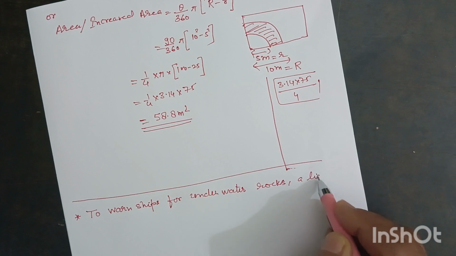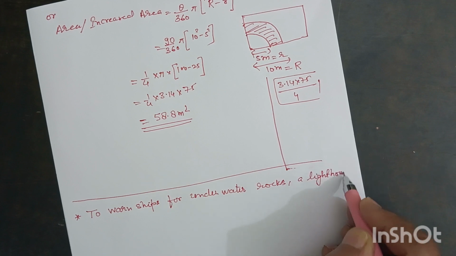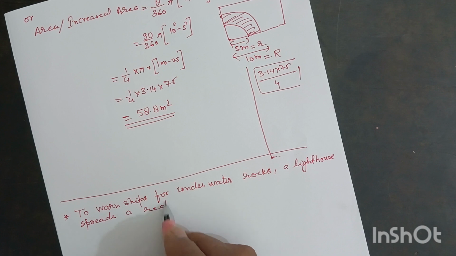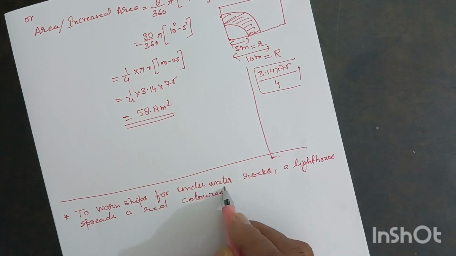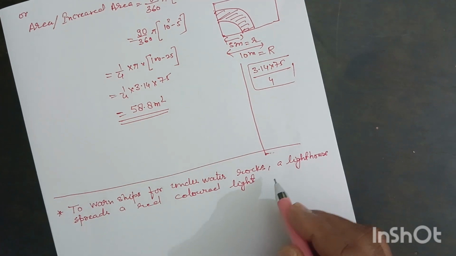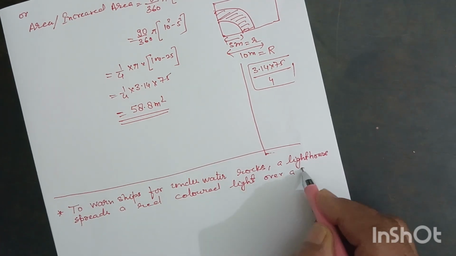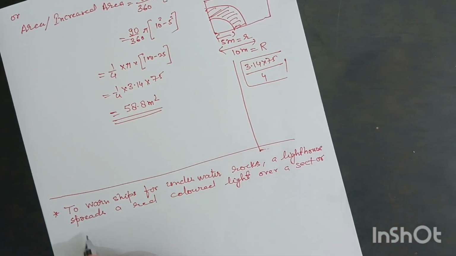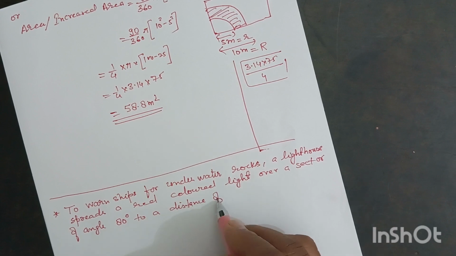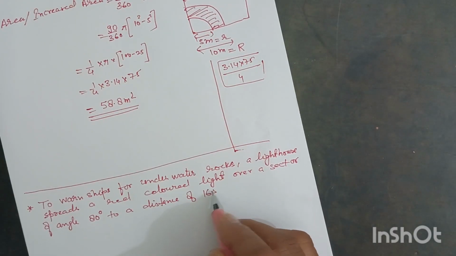A lighthouse spreads a red colored light over a sector of angle 80 degree to a distance of 16.5 kilometer.